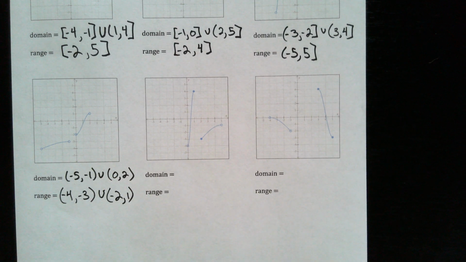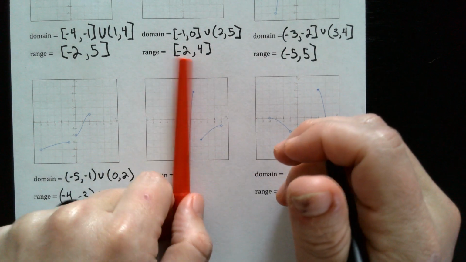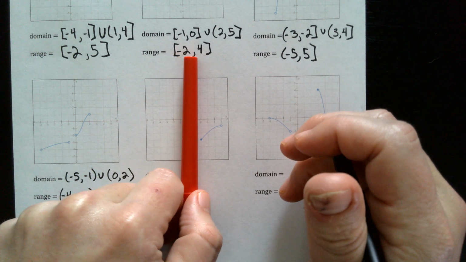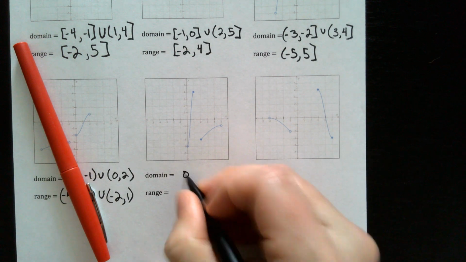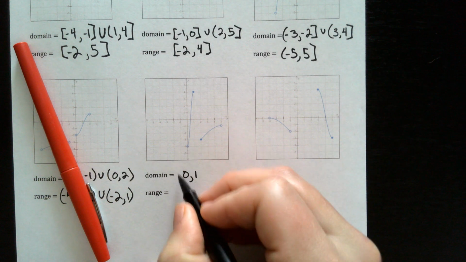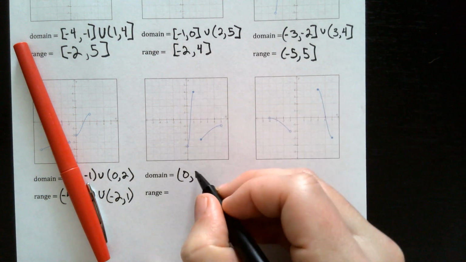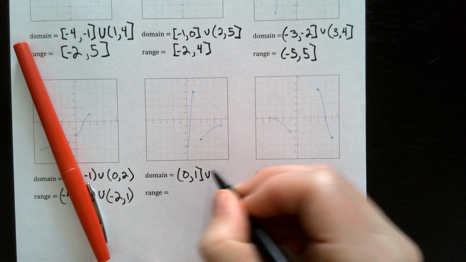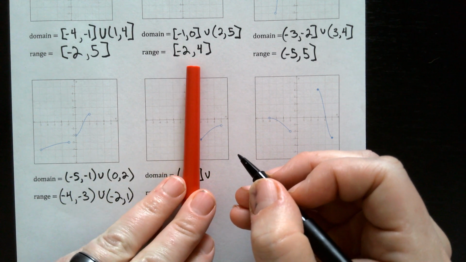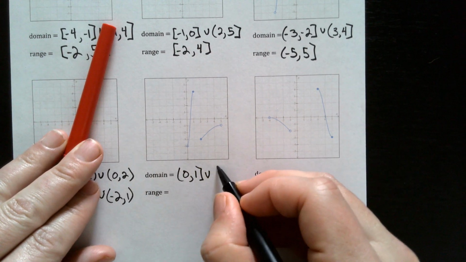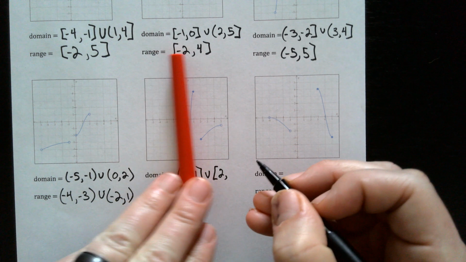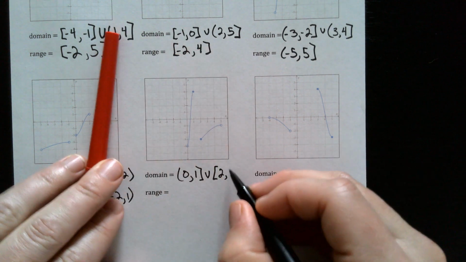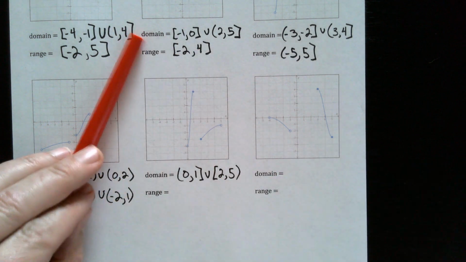Let's do this one. So domain starts in the middle of the graph, so that's at 0 and it goes to 1. So from 0 to 1, the 0 is not included. The 1 is. Union, we start again at 2 included, all the way to 5 not included. So parentheses.